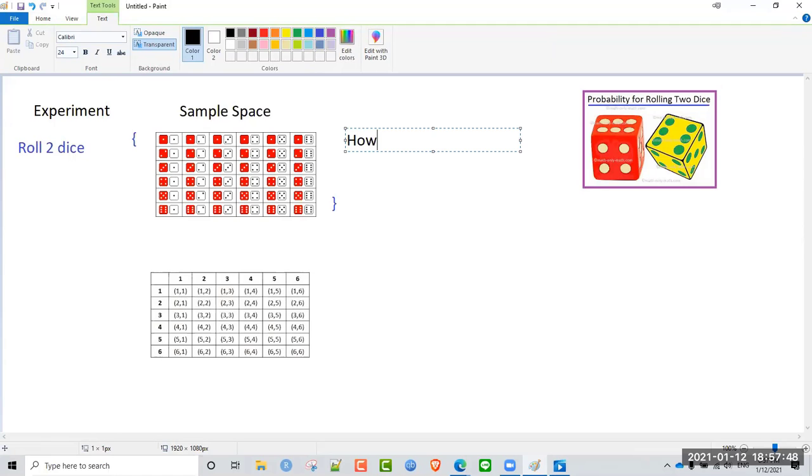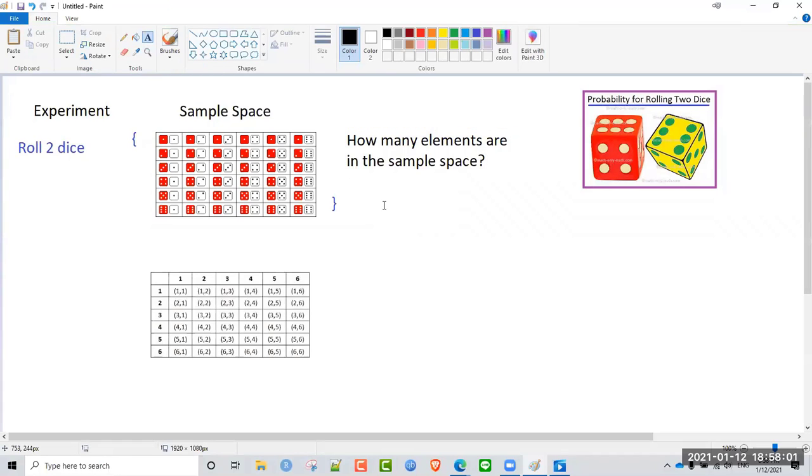Okay, so one thing we can ask is, how many elements are in the sample space? So what's the answer? Let me ask somebody. How many elements are in this sample space? How about Sun-Yun Oh?